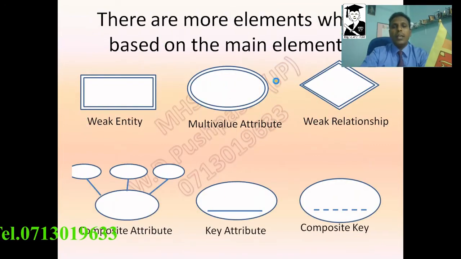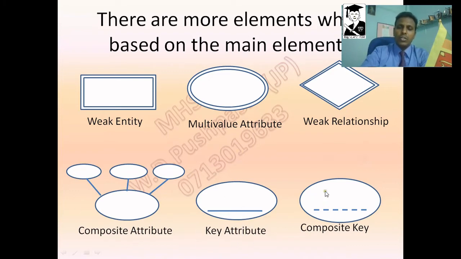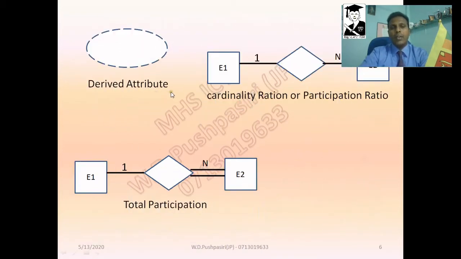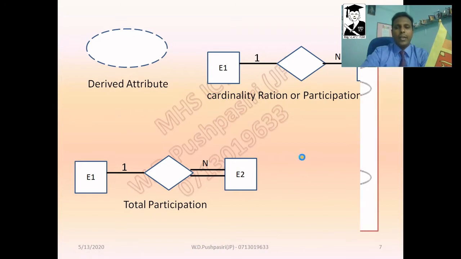We will have many other elements in the ER diagram, like weak entity, multivalued attributes, relationship entity, composite attributes, key attributes, composite keys, derived attributes, cardinality ratio, and total participation. Like that, there are many components in the ER diagram.